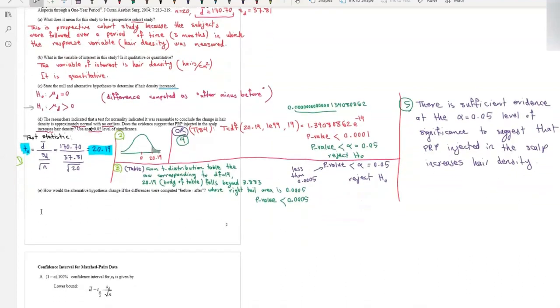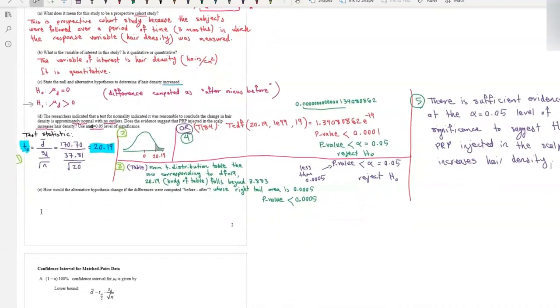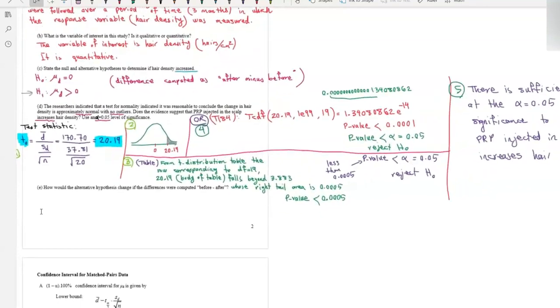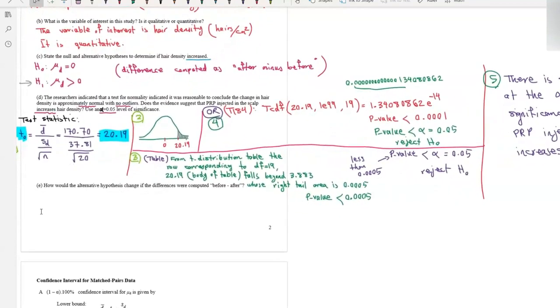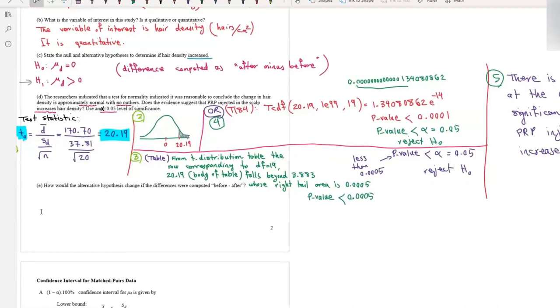You know, part E: how would the alternative hypothesis change if the differences were computed as before minus after instead of after minus before, that we had here? Since in this part the alternative was increased, it was right tail, and we used after minus before. If we change this one, obviously this will change to left tail.